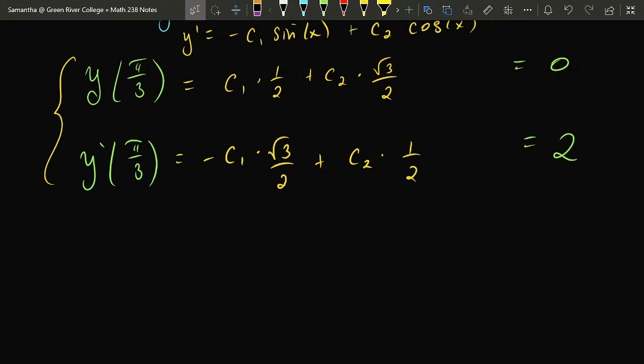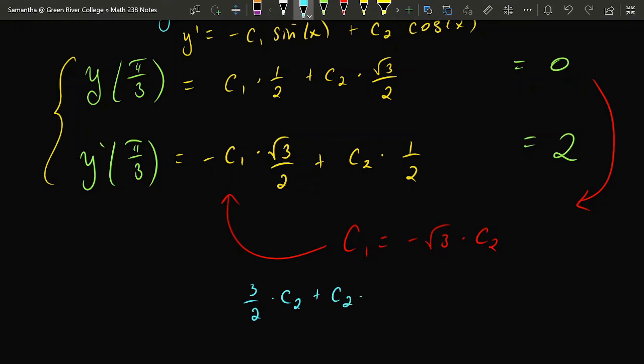So this looks like a good opportunity to use substitution. For example, if I take the first equation and rearrange it, then this tells me that c1 is equal to negative root 3 times c2. And if I substitute that back into the second equation, then that tells me that 3 over 2 times c2 plus c2 times 1/2 is equal to 2.